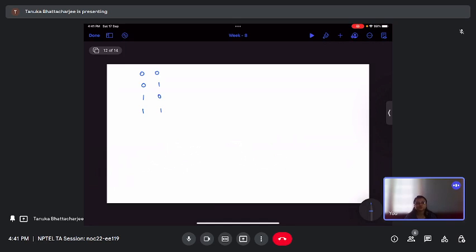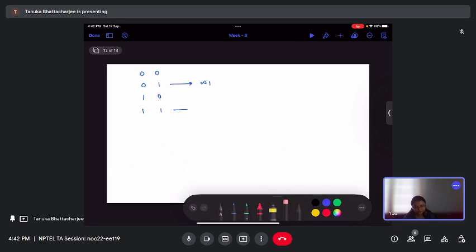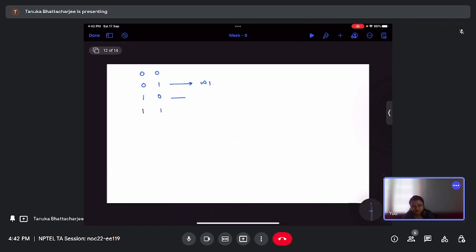If you have an odd number of 1s, then that feature vector is in class 1. So, this one is in class 1 and this one is in class 1. The other two, which do not have an odd number of 1s, will be in class 2.